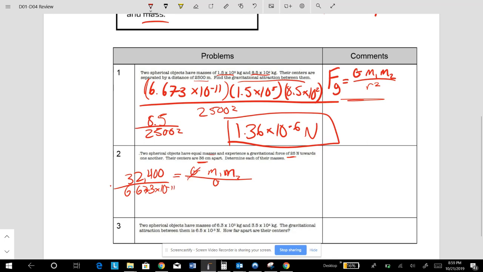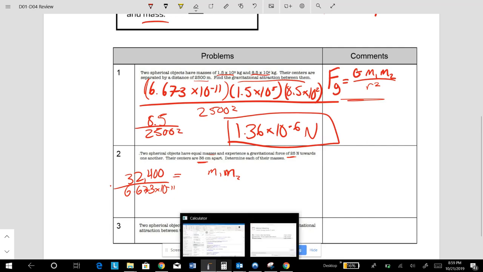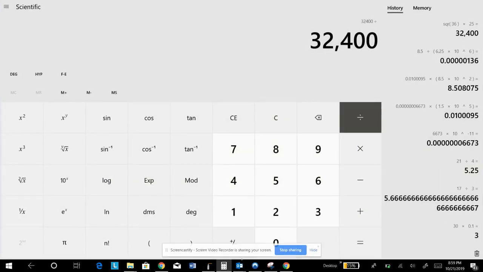And so then we should be able to cross these out, which means I can get rid of this. And then I'm going to go here, divide that by 6.673 times 10 to the negative 11th.